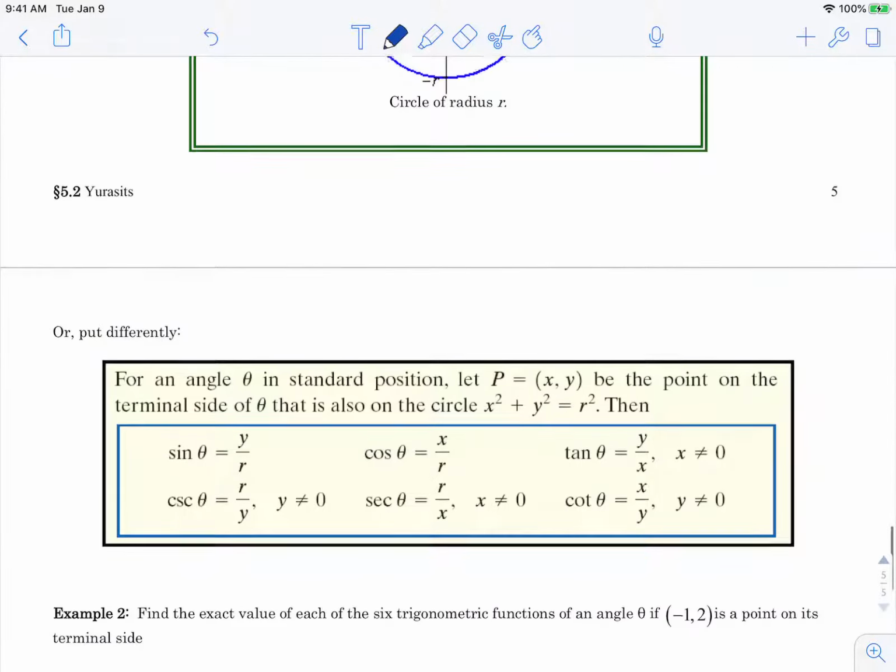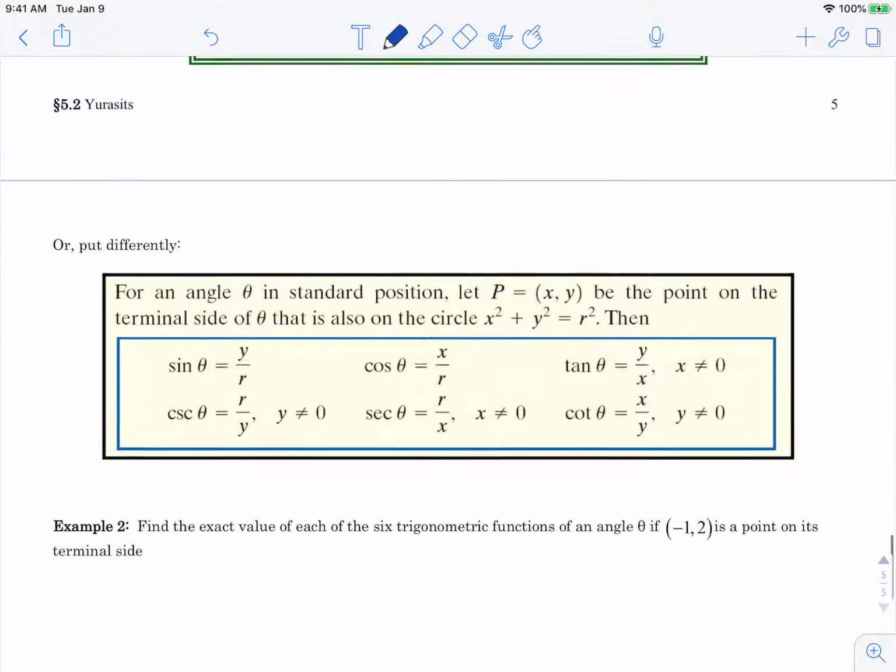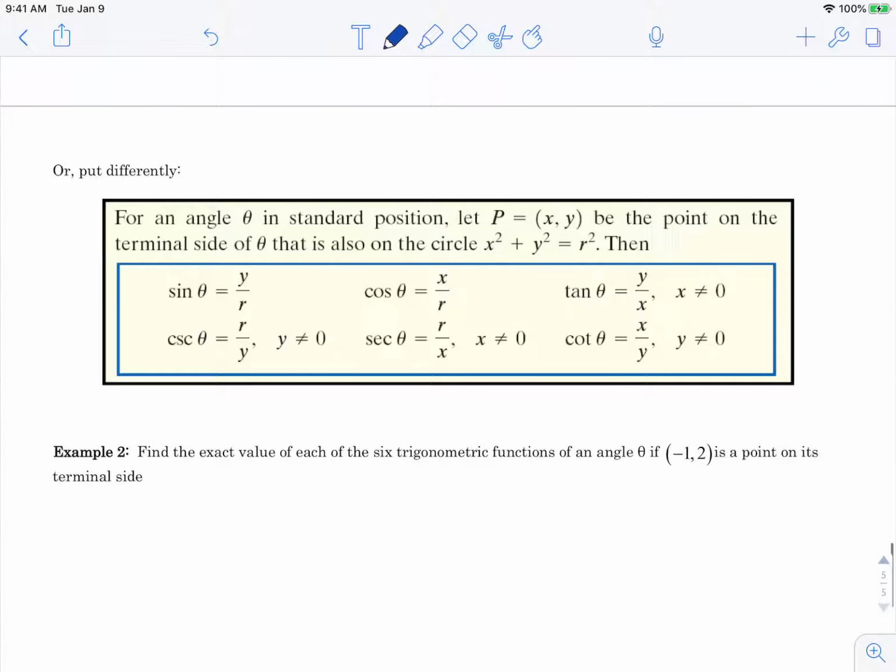So going down here, we're going to put this to use. This is generalizing things we just discussed. So you're given some coordinate, but you know you're not on the unit circle, okay? Or you could be on the unit circle. Actually, this works true for all unit circle as well. But this is especially helpful when you're not on the unit circle. This is just Pythagorean theorem because r is your hypotenuse.